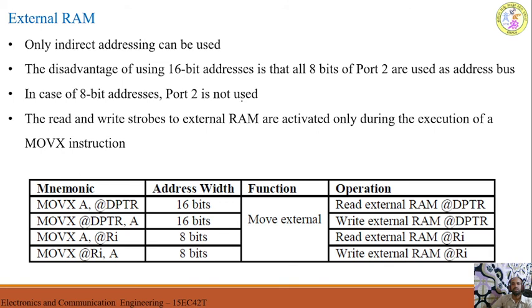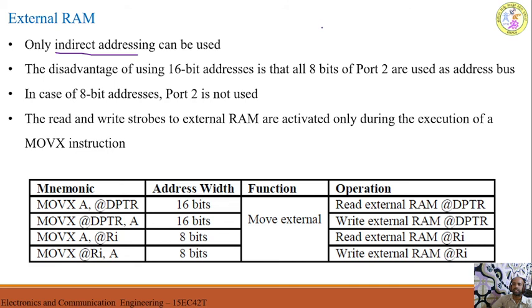Similarly, we can use this for the external RAM memory location. Only indirect addressing mode can be used. Now to access the external RAM, we need to use only indirect addressing, and the disadvantage of using a 16-bit address is that all 8 bits of port 2 are used as address bus.